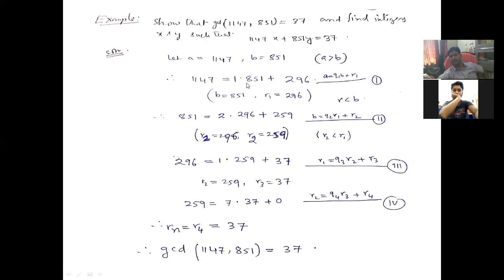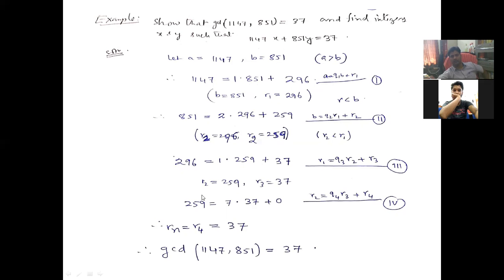A can be written as 1 into 851 plus 296 remainder. Now 851 can be written as 2 into 296 plus 259. Again 296 can be written as 1 into 259 plus 37.